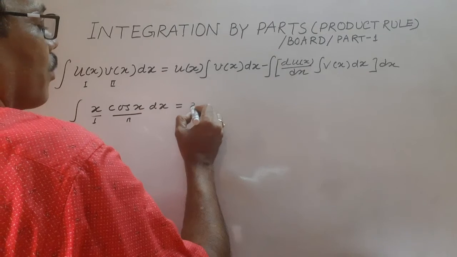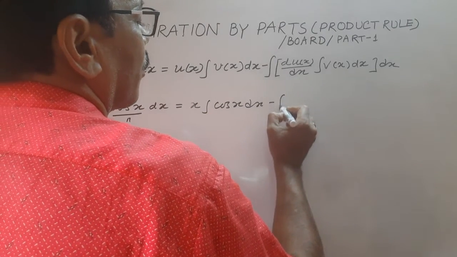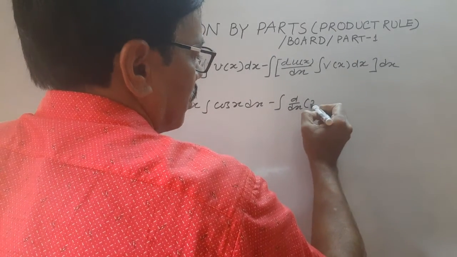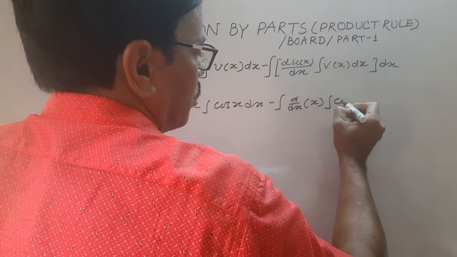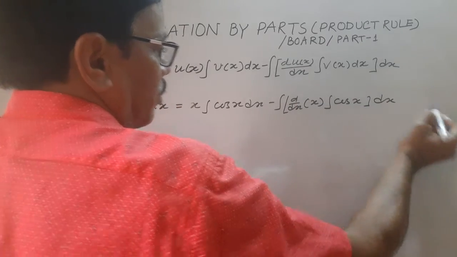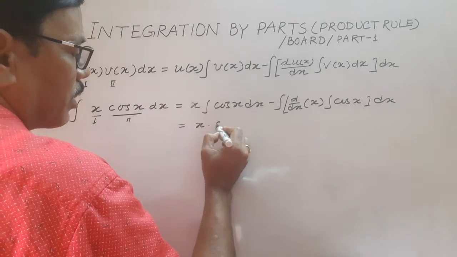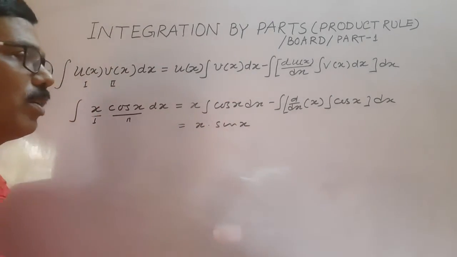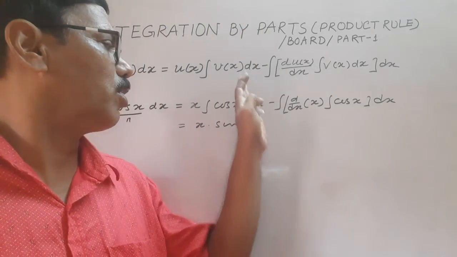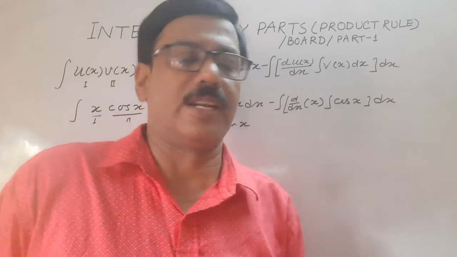So first function unchanged, integration of the second function, minus the integral of the derivative of the first into the integration of the second, total integration. So x, the integration of cos x is sin x. We are not taking the integration constant here, because if we take it, it will be cancelled later.